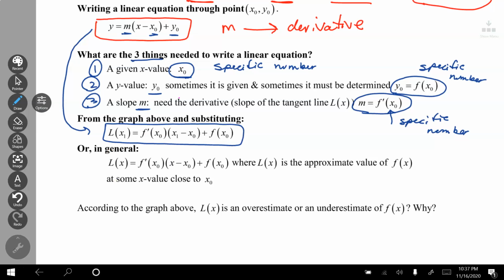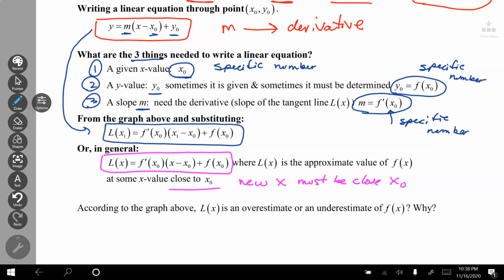We call it this equation, and this is what I'm going to use, where it approximates the value that I'm looking for. But it has to be close. The new x value must be close to the original x value. Otherwise, the farther away from the original x, the worse the approximation is.